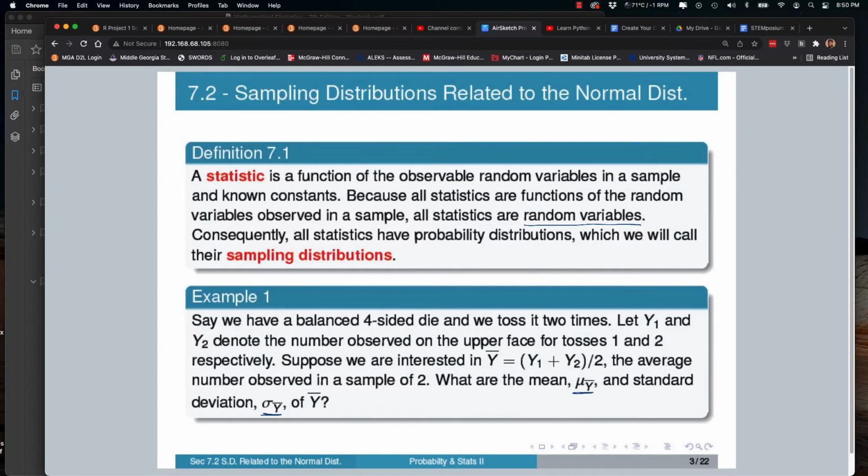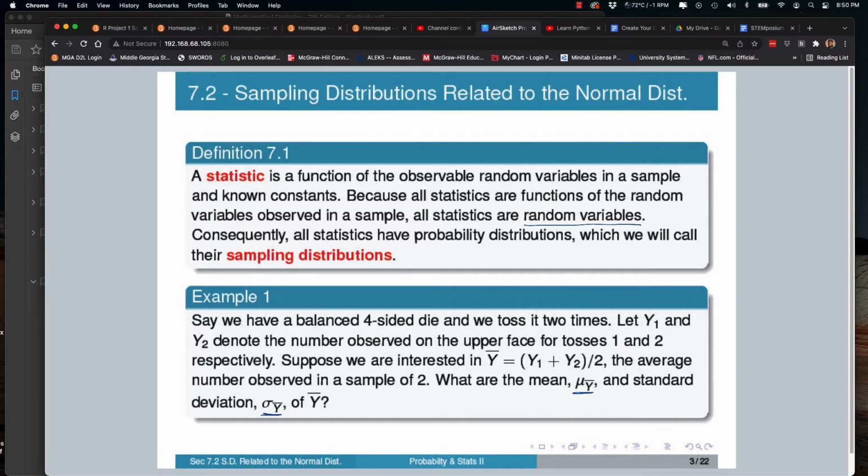So in this example 1, I'm going to take a balanced 4-sided die. We're going to toss it twice, and that's going to give us a sample of 2. We're going to let y sub 1 and y sub 2 denote the number observed on the upper face for tosses 1 and 2 respectively.